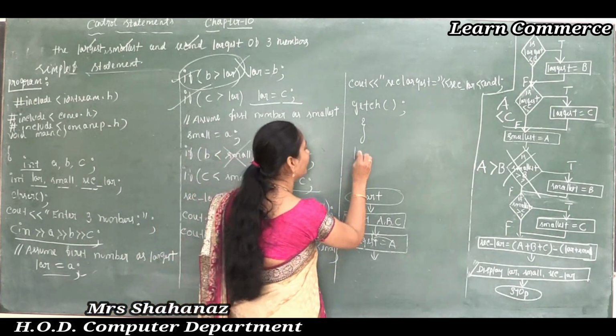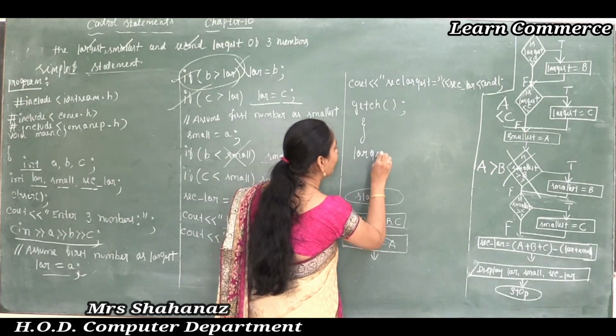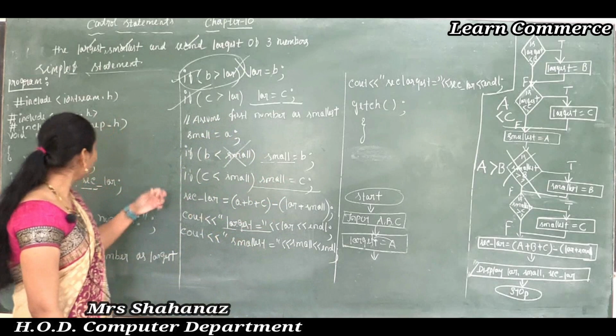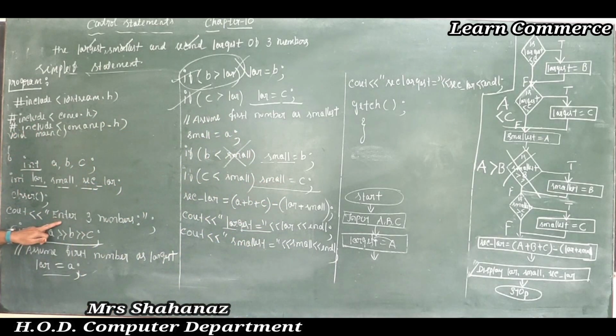So here the output will appear as: the largest value is equal to. First of all we need to enter the values, so when this message is displayed, enter 3 numbers. We need to enter the values 7, 3, 10. Then when you press the enter key, the compiler is going to process, making the comparison one after another.